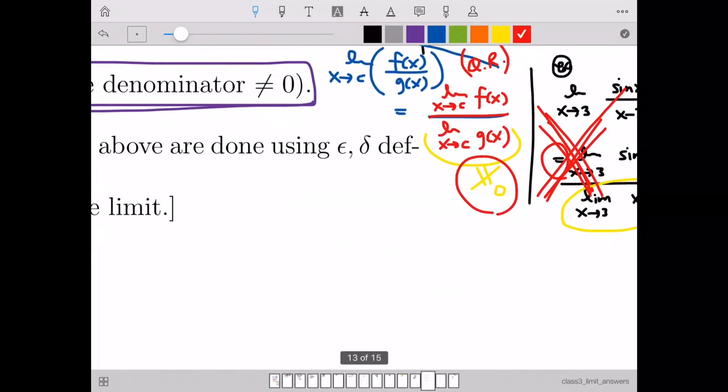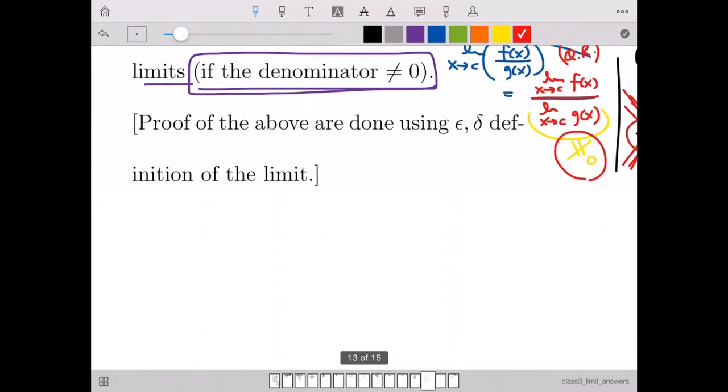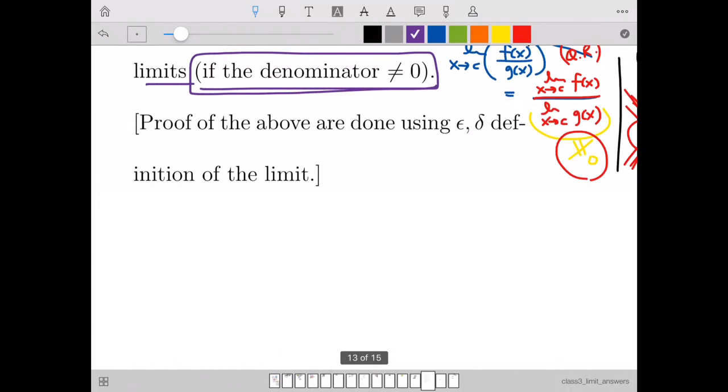Okay, so why are they true? All of the above can be proven using the epsilon-delta definition of the limit.